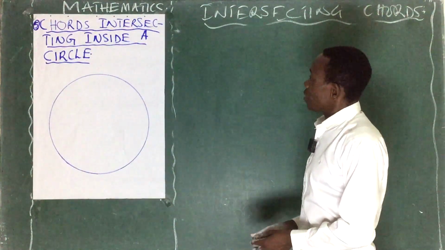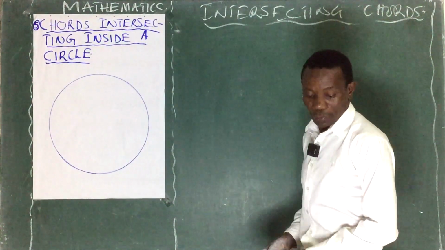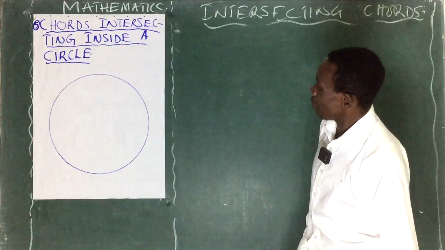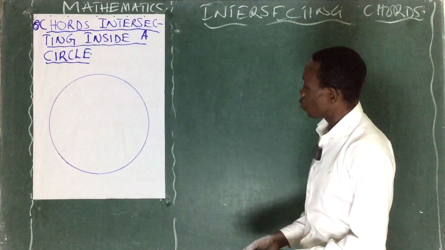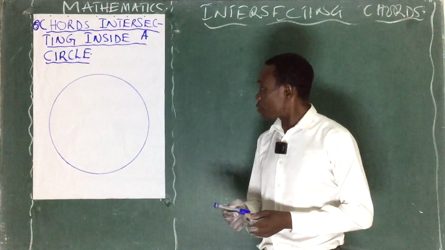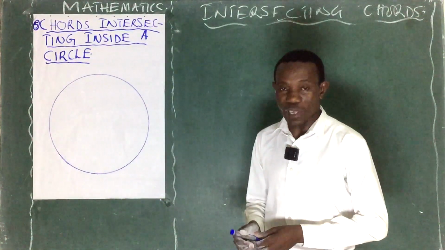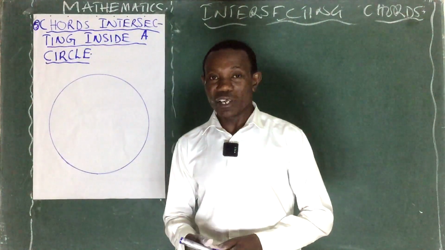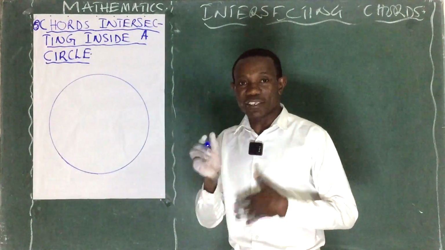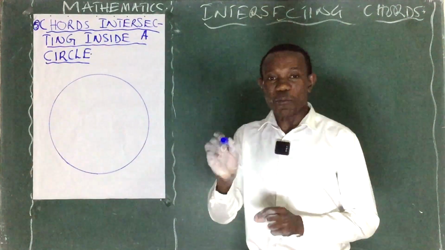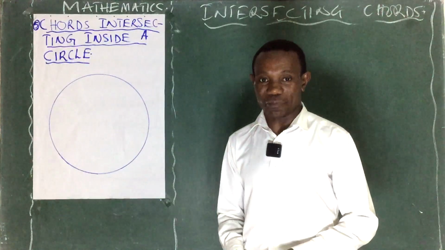So we have here chords intersecting inside the circle. Can you try to draw the diagram? I think we should be together. Sometimes you should have a paper each time you are watching these videos, so that when we discuss, you try at least to scribble somewhere and even do the practice as such.